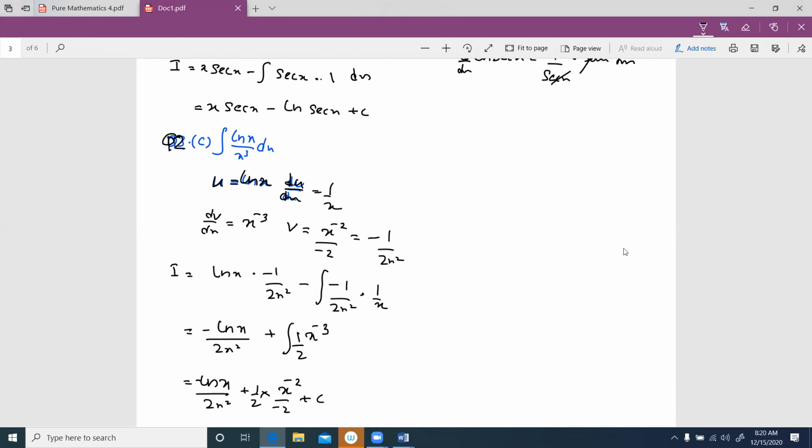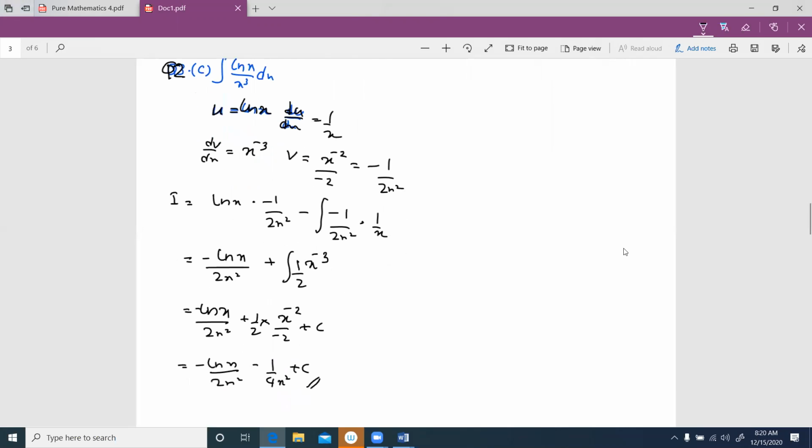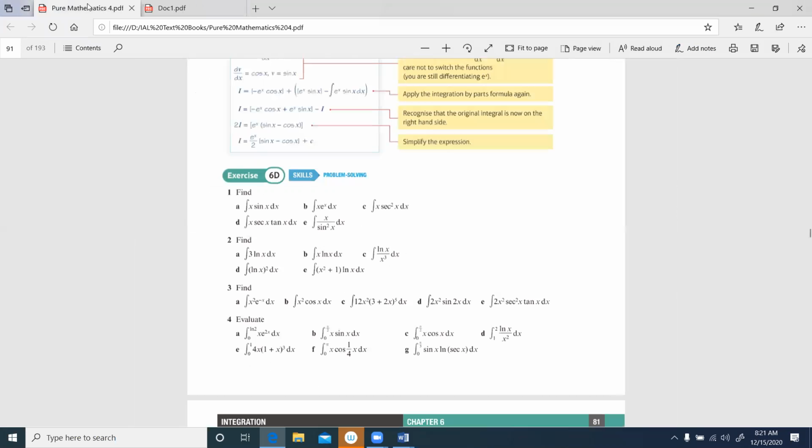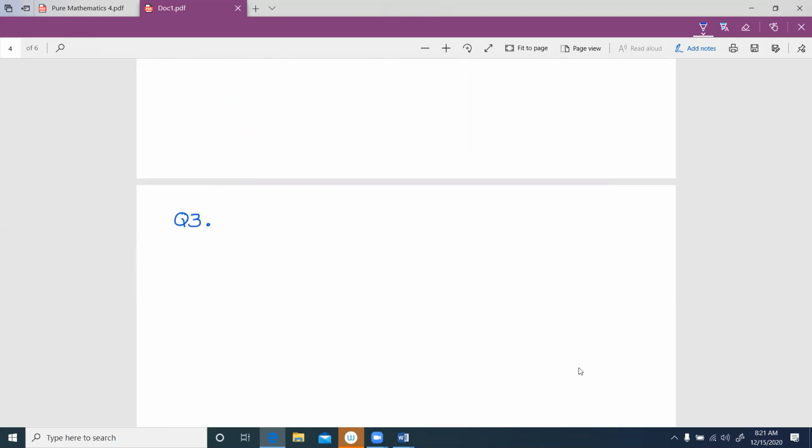This is question number 2, part C. Then, if you move up to question number 3. Question number 3, if you turn up to x squared e to the power minus x.